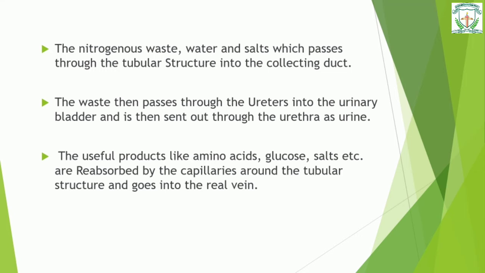Then the waste passes through the ureters into the urinary bladder and is sent out through the urethra as urine. The useful products like amino acids, glucose, salts, etc. are reabsorbed by the capillaries around the tubular structure and go into the renal vein.